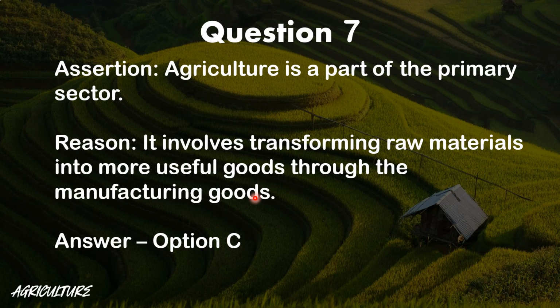But the reason here says that it involves transforming raw materials into more useful goods through the manufacturing process. This one word right here, manufacturing, already told us that the reason is incorrect, because manufacturing is related to the secondary sector, not the primary sector. So the second you read the word manufacturing, you know that the reason is incorrect, and you know that the answer is option C. It's as simple as that.